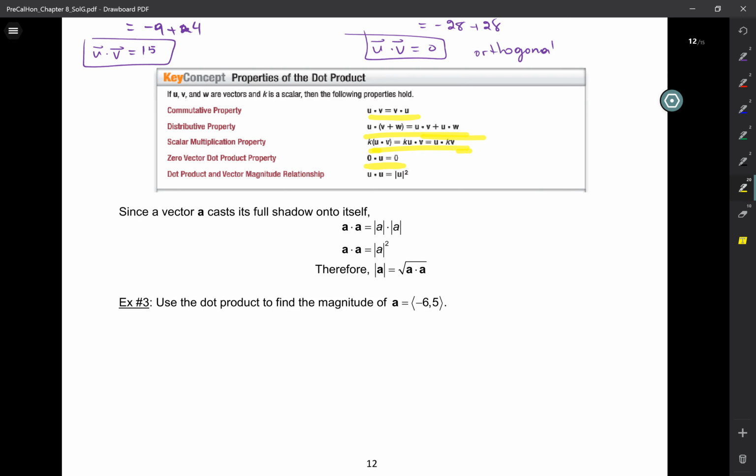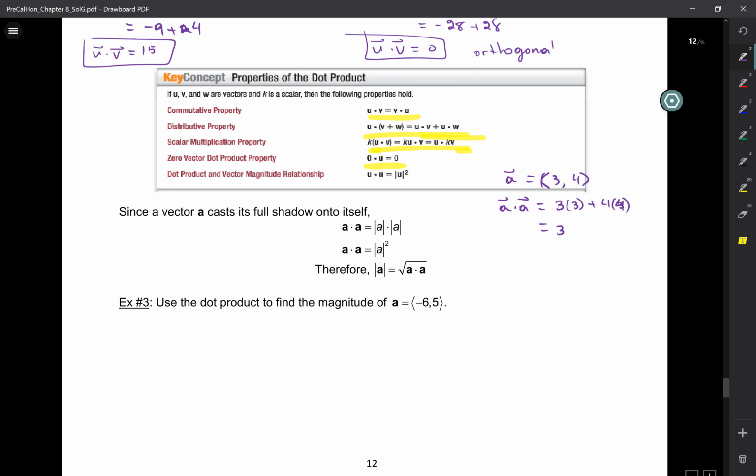Now, what if you have a dot product of the same vector with itself? Suppose vector A is (3, 4), and now you want to do A dot A. You get 3 times 3 plus 4 times 4.